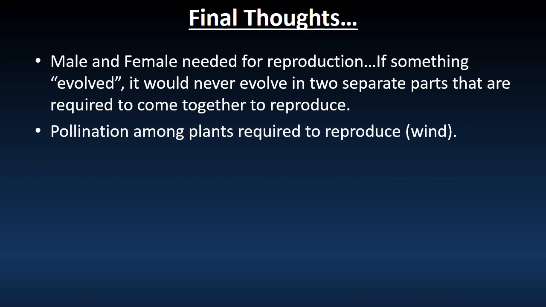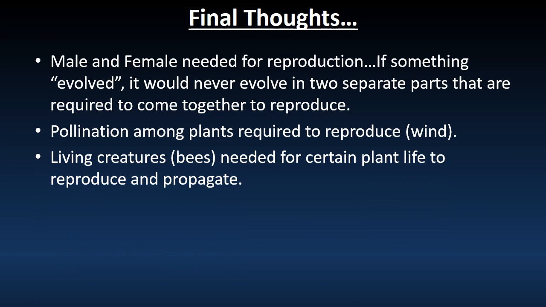Pollination among plants is required to reproduce, so it actually requires wind to be involved, and you need other plants nearby. Pollination is an incredible process. And not only is there the wind, but of course we all know about the bees. Certain types of plants actually require a living creature to become involved with their reproductive process. Evolution could never happen with that type of requirement for reproduction.